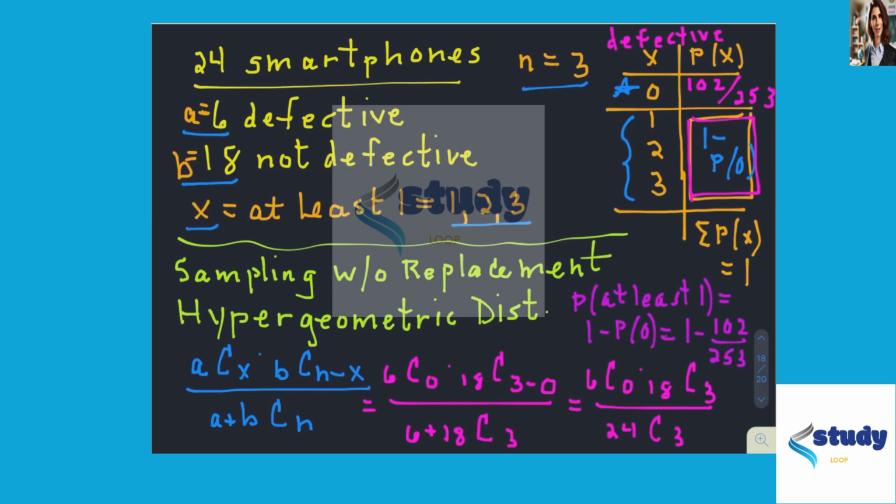So our probability ends up being 151 over 253, or we can transition that into a decimal, and our probability would end up being 0.5968.